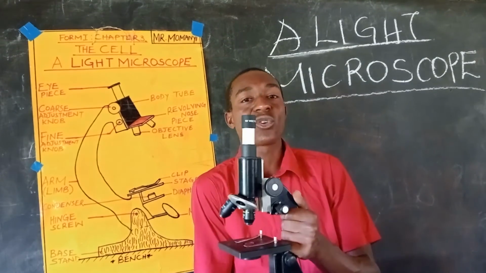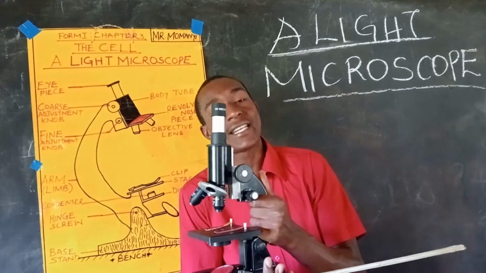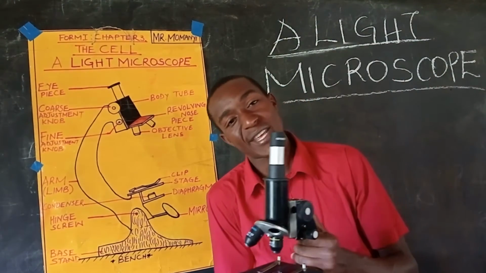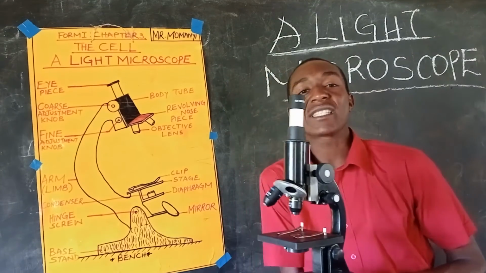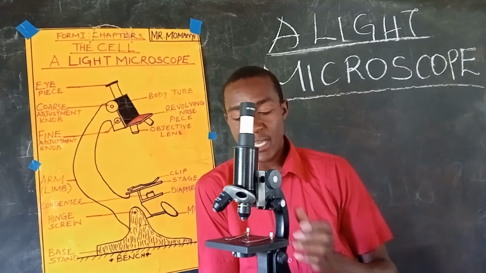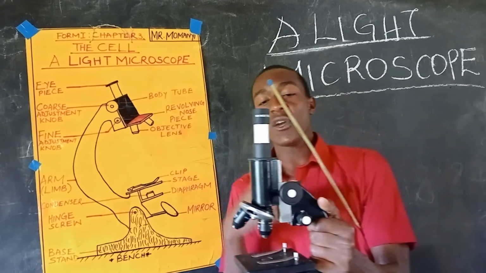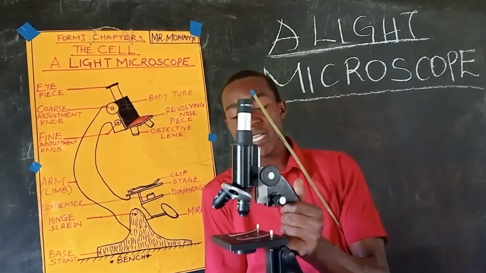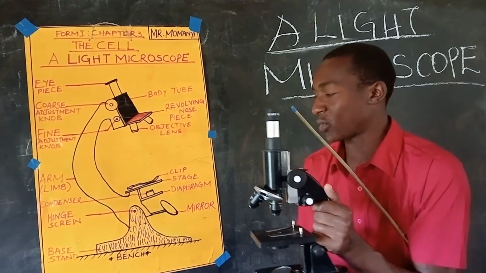So the base rests on one hand, and the arm is held by the other hand. The base is what offers firm support. When you place the microscope on the bench, all the weight of the microscope rests on the base. So the base carries the weight of the whole microscope, and it is used for support.